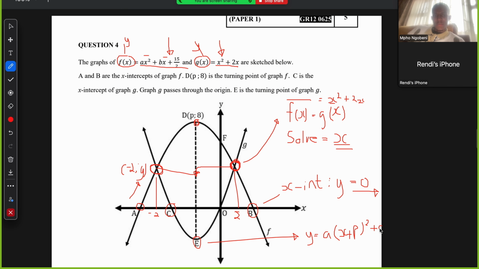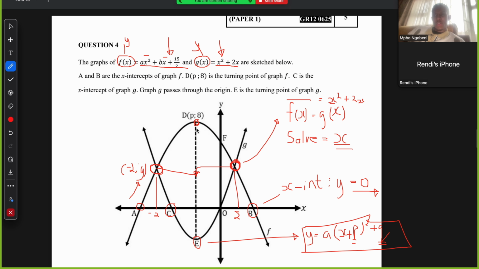So this formula, we only use it if we are given the turning points. If we were told this is 4, this is 8, we use this equation to solve for the equation of the parabola. So if they say find the equation of the parabola given the turning points, you use this.